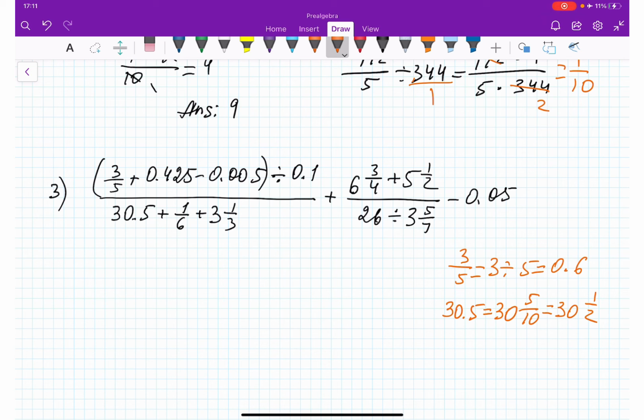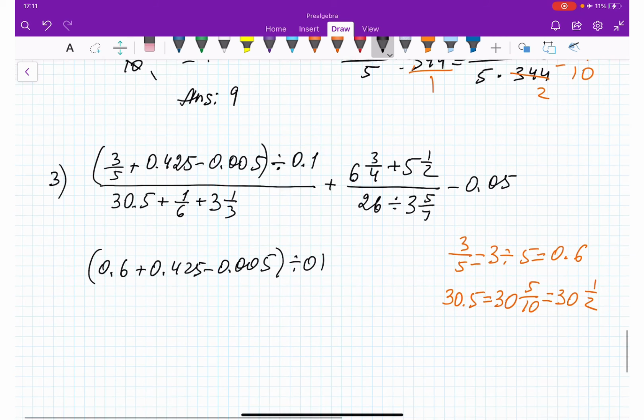Let's start solving. In numerator, I have 0.6 plus 0.425 minus 0.005, and then divided by 0.1, right?